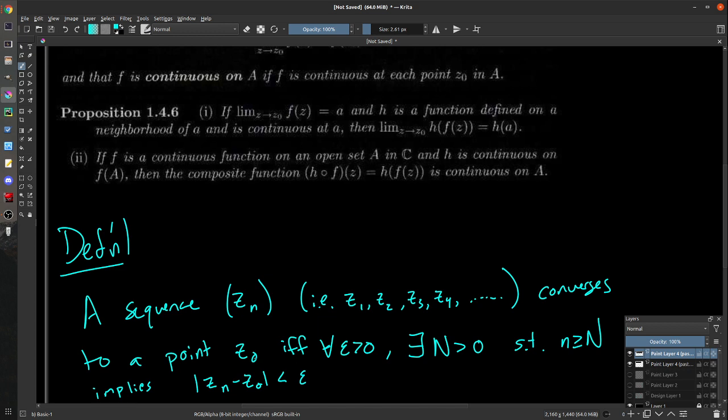And I wish they wouldn't use 0 here, because it makes you sort of feel like the sequence should start at 0. Maybe we could use like a point z star. I don't know. But it's how they write it in your book.